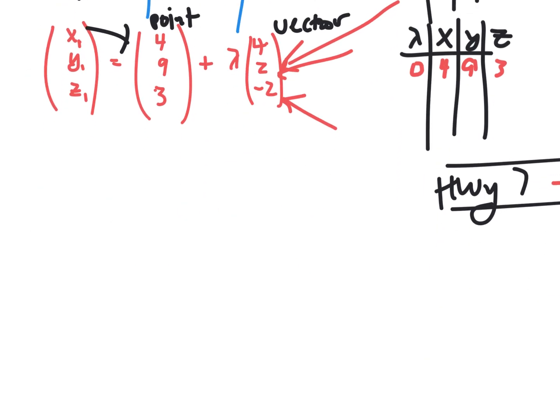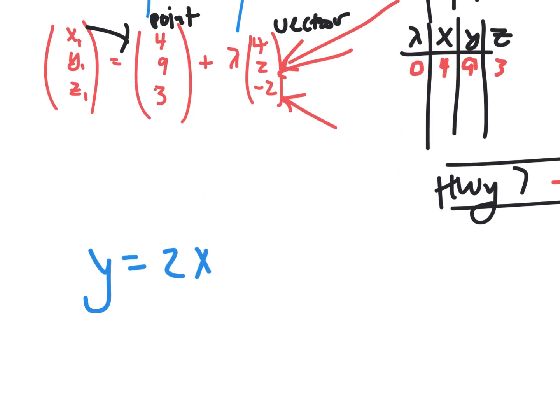Like, what if we just had y equals 2x plus 3, and we had y equals, let me think, 5x plus 6.